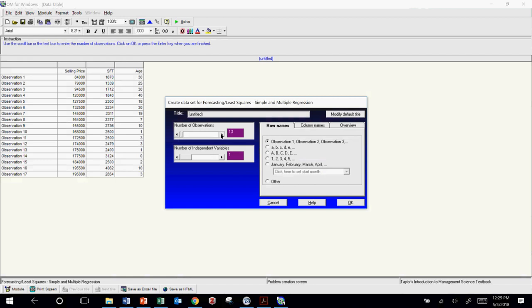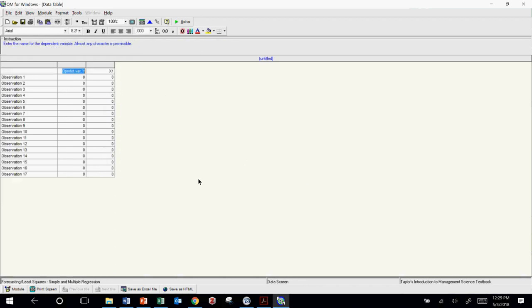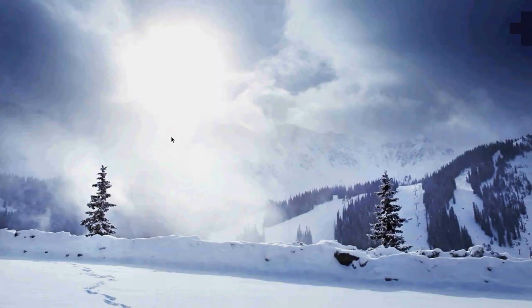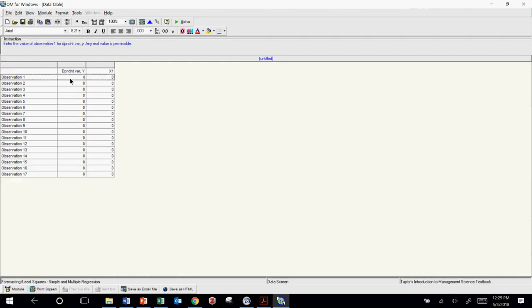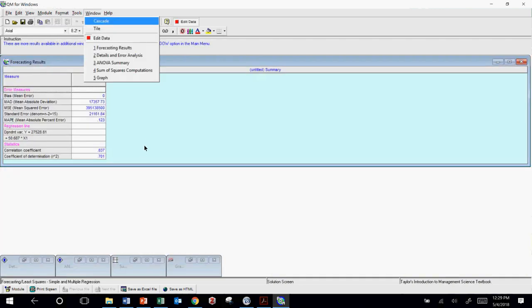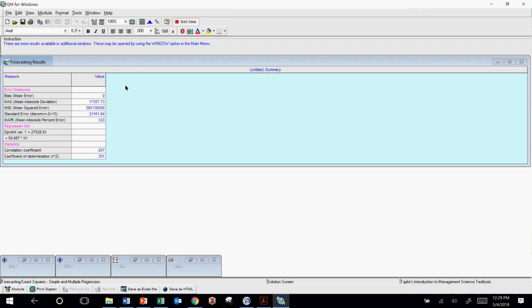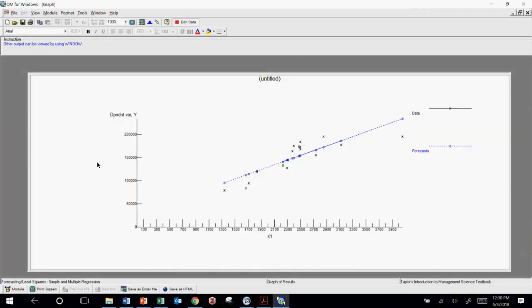So we have 17 observations, 1 independent variable. We're going to grab our selling price and square footage. And solve. And there you go. So it does have a graph for you. You can put this in your Word doc to submit as your graph, which helps with a portion of the homework problem.